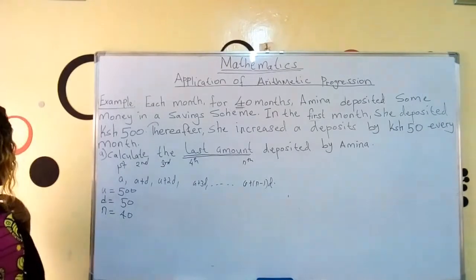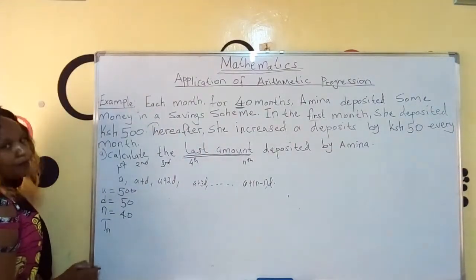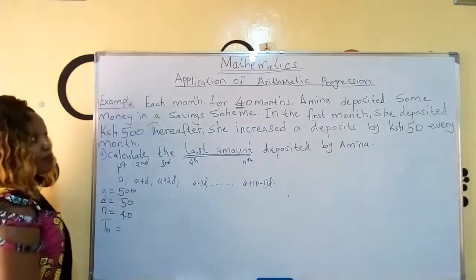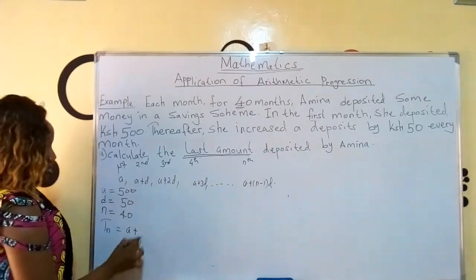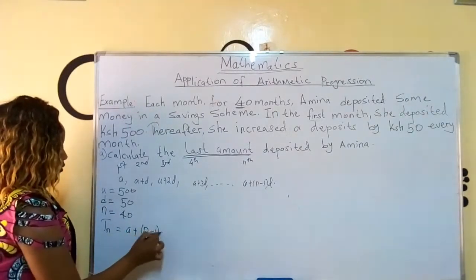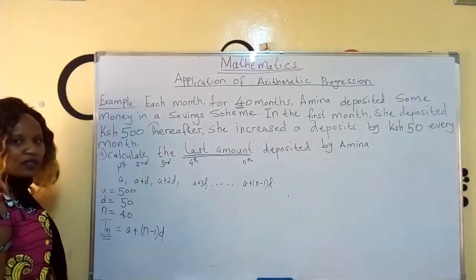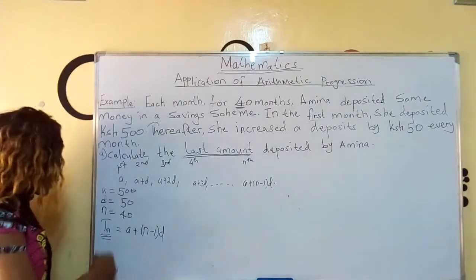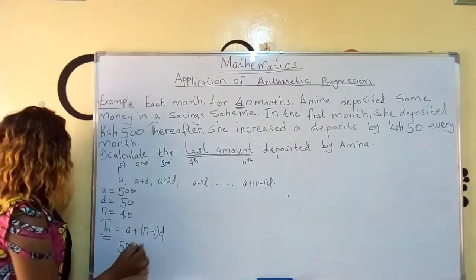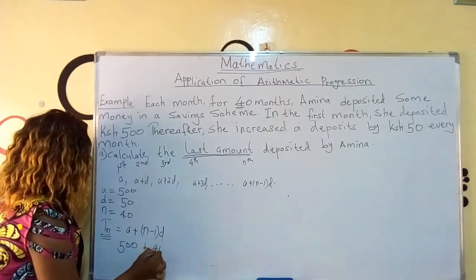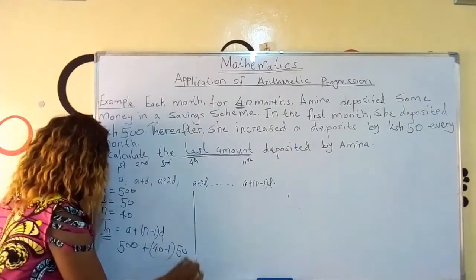All right? So we know that the nth term of any arithmetic sequence is A plus n minus 1 D, and we want to know what this term is. Therefore, A in this case is 500 plus n, which is 40 minus 1, and D is 50.